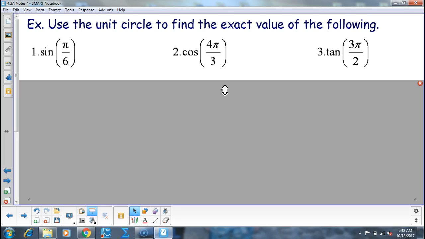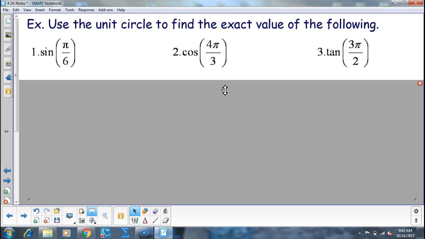Secant is the reciprocal of x, cosecant is the reciprocal of y, and cotangent is the reciprocal of the tangent, or x over y, right?